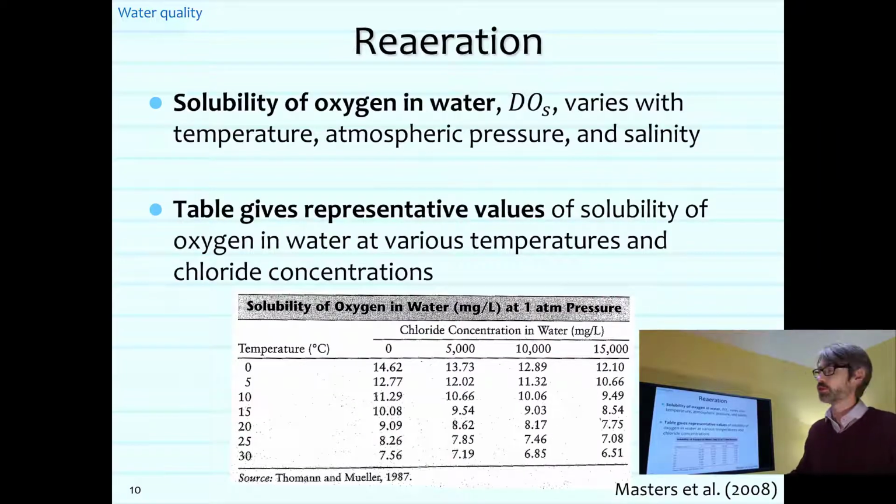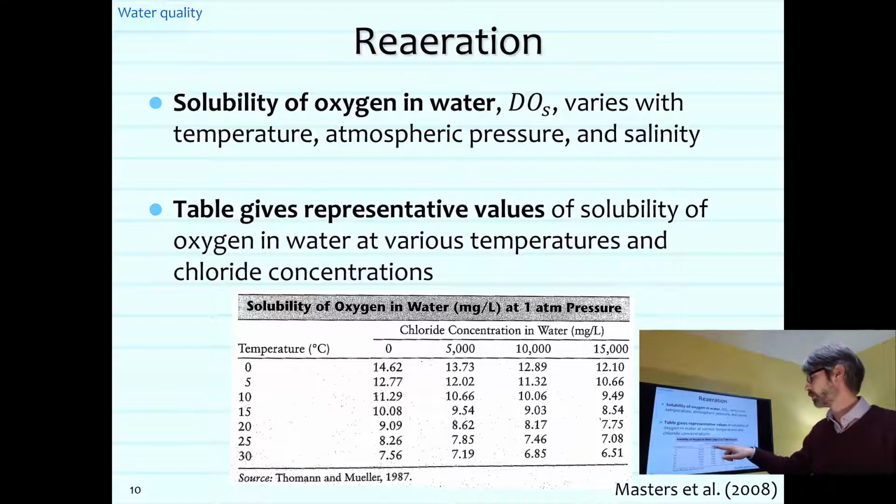It's also important to note that the solubility of oxygen in the water, or DOS, the saturated value, varies with the temperature, atmospheric pressure, and with salinity. So this table here gives representative values of solubility of oxygen in water at various temperatures and chloride concentrations. So here are the temperatures, here are the chloride concentrations.